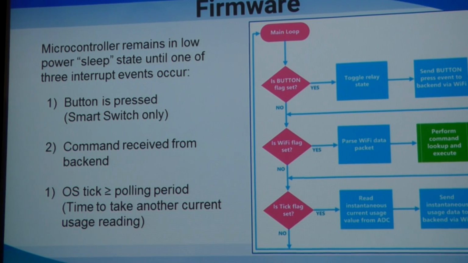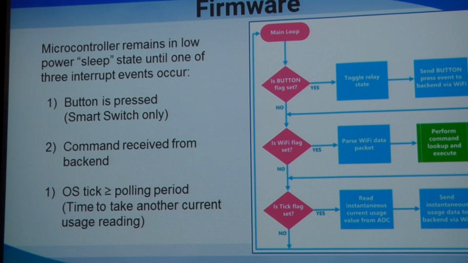The firmware for the embedded controller mentioned earlier, basically the brief way that it works, this is an overview. It basically sits in a low power state waiting for one of three events to occur. One of those events could be a button press in the case of a light switch, as well as if Wi-Fi activity is detected, for example, if the backend sends a command to the system, or if the periodic polling time has been reached for which it's necessary to take another power measurement.